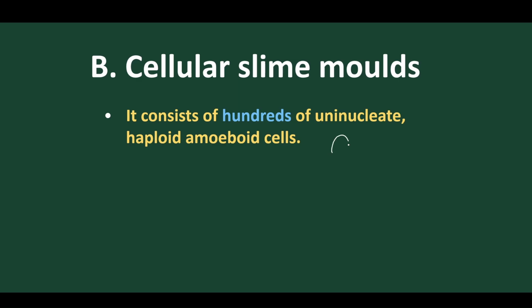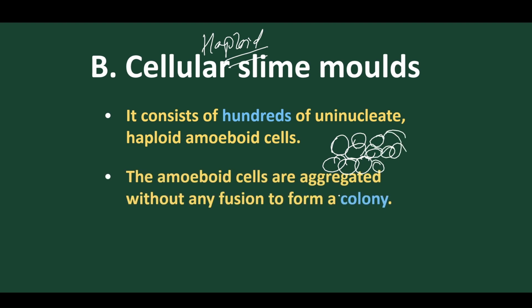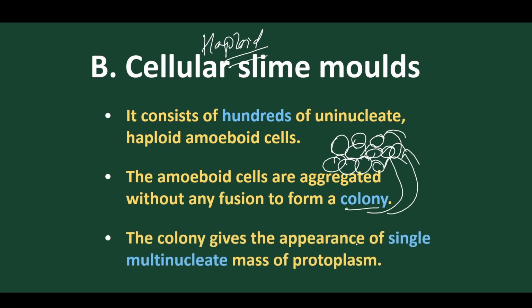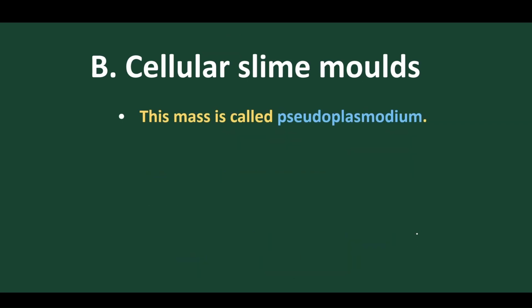They contain hundreds of uninucleated haploid cells. These cellular ones are haploid, but the acellular ones are diploid. These haploid colonial forms are aggregations of cells that form colonies and fuse, and the colony gives the appearance of being multinucleated. Actually, it is truly not multinucleated, but it looks like it as they form colonies.